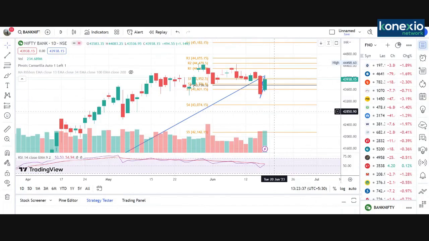So this is a bullish formation. On an immediate basis, Thursday's high, which is 44,077 on the spot level, could act as an immediate resistance.